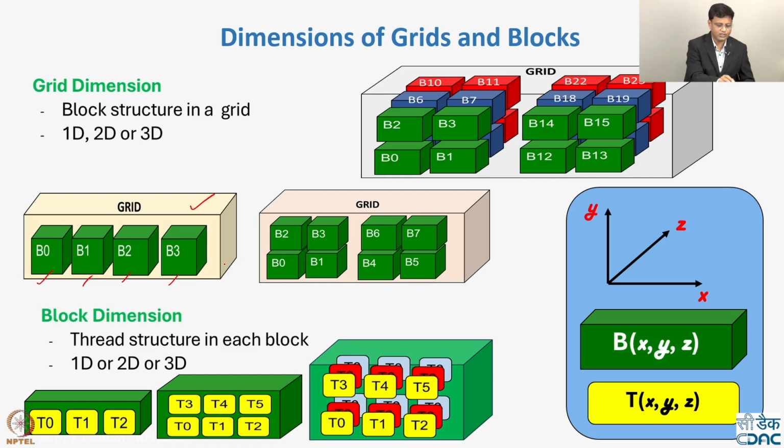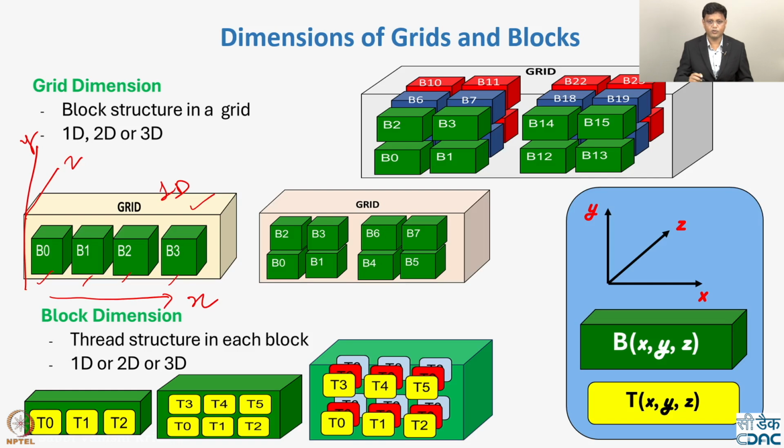This structure is representing 1D, arrangement of blocks in one direction. Here I have chosen the direction x. This is the x direction, this is your y direction and this one is your z direction. Here you can see that blocks are arranged only in the x direction. So, you can say that there are 4 blocks in the x direction.